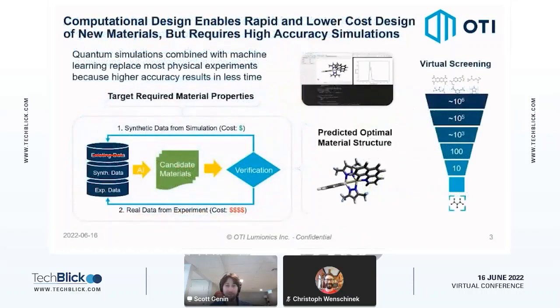So one of the things we've aimed for is simulation, as many materials discovery companies have, using AI and simulations to design new materials. But one of the conundrums we face within the OLED industry is that real data from experiments can be very expensive.